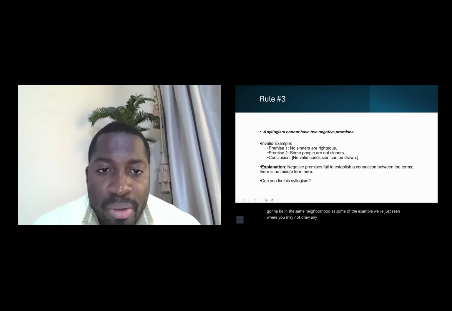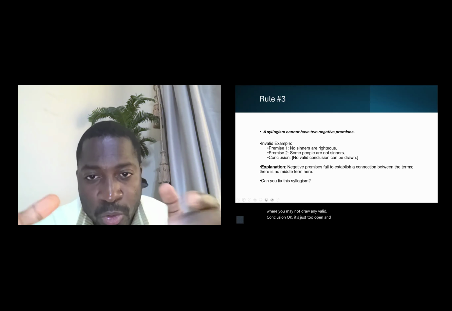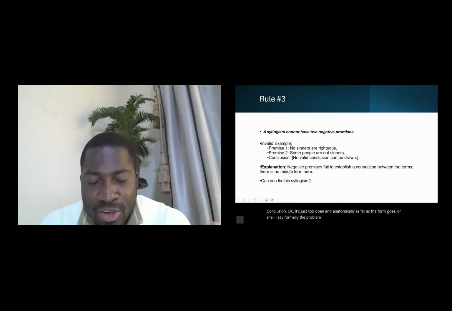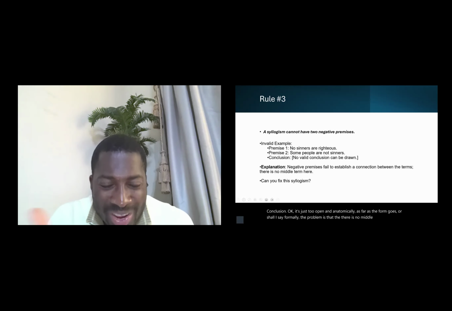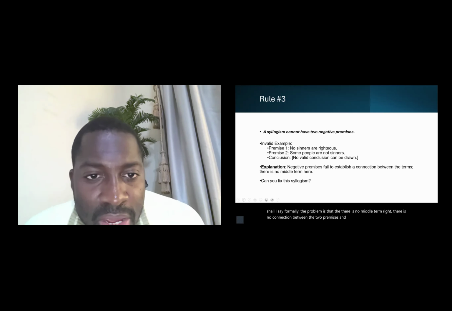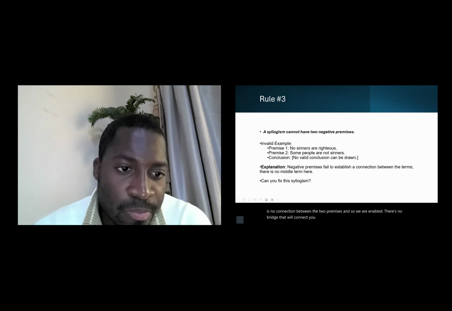It's just too open. And formally, the problem is that there is no middle term. There is no connection between the two premises, and so there's no bridge that will lead you to your conclusion. All right.